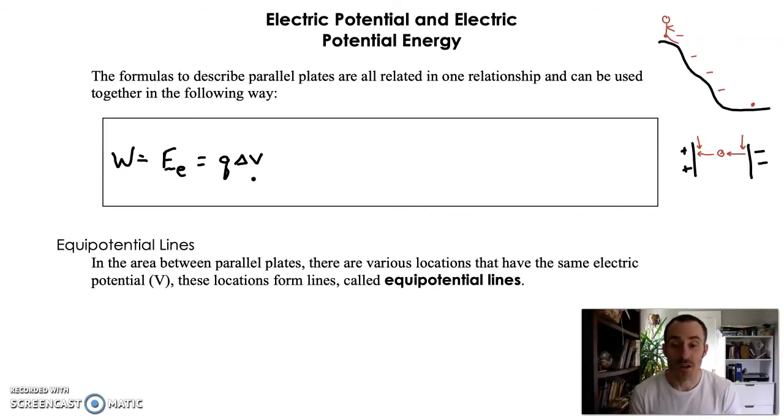We also know that potential difference has its own formula. This is also equal to field strength times displacement. Okay, so the strength of this field is going to determine how much voltage there is. It's going to determine the potential difference.